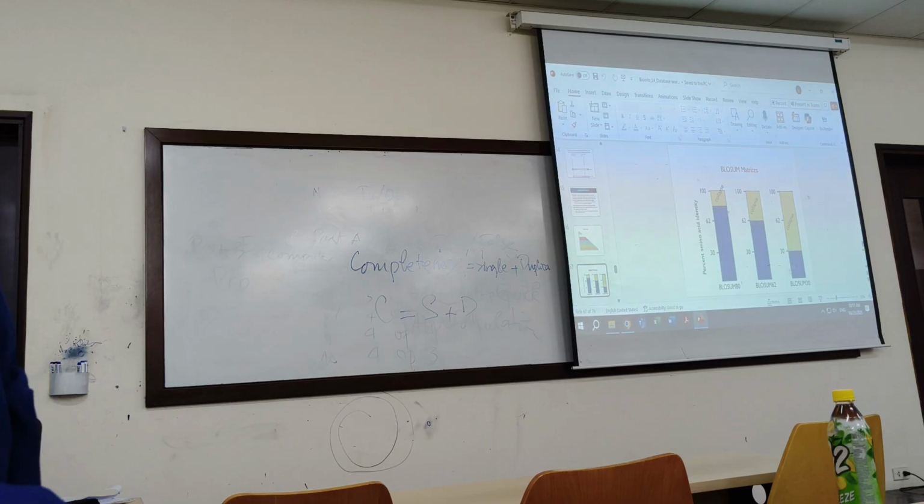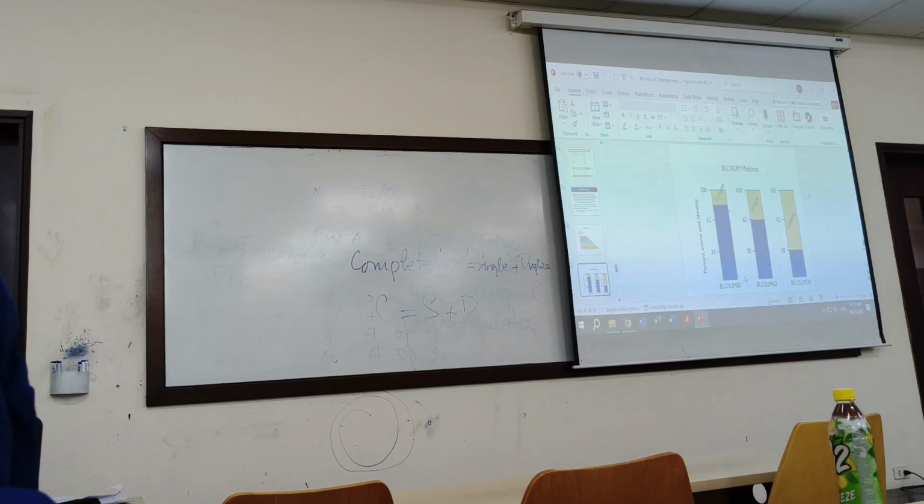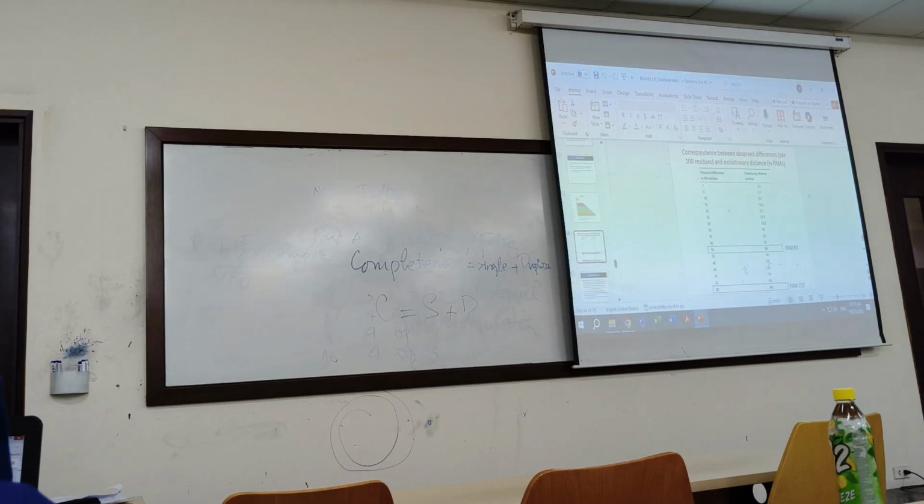For example, this one, BLOSUM 80. 80 indicate how many percent? 80. And 80% here, identity or difference? Identity. Okay? For the PAM here, the number of PAM not indicate percent here.